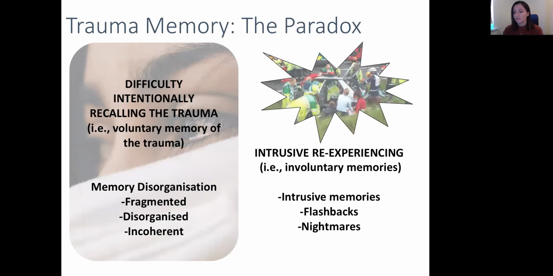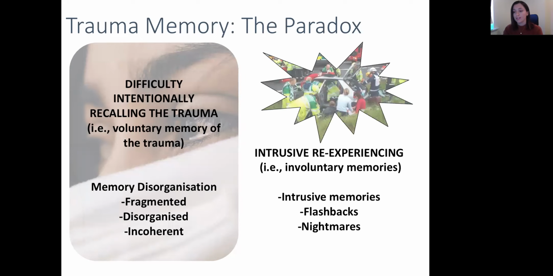And there are several cognitive models which offer explanations for this paradox and the role of memory in PTSD. Broadly speaking, one viewpoint is that the trauma memory is special and unique in some way, and that this results in impaired voluntary recall of the trauma, but enhanced involuntary memories of the trauma.